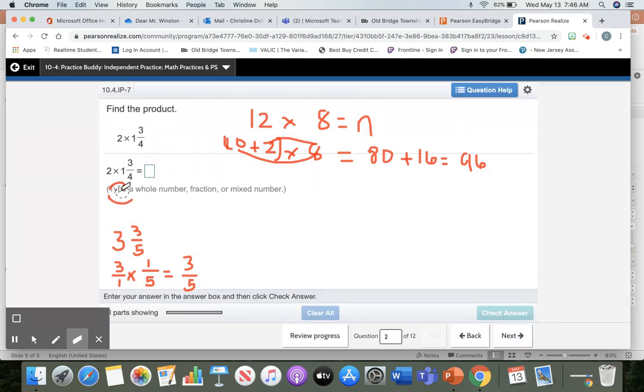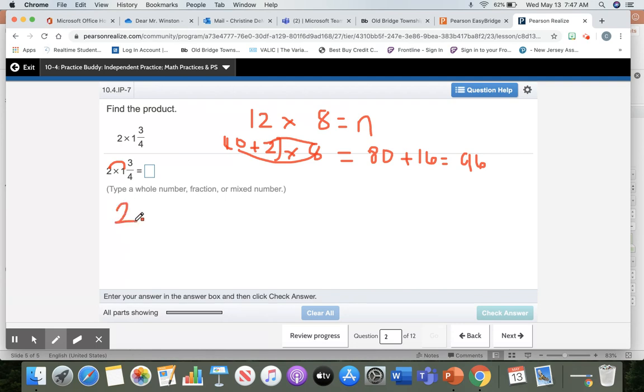All right, so let's try it again. We're going to erase. I'll leave our distributive property example up here. Okay, so now I have 2 times 1 and 3/4, and I'm going to do 2 times 1 first. We all know anything times 1 equals itself, so that equals 2. Then we're going to do 2 times 3/4.